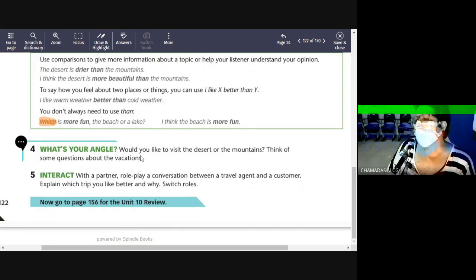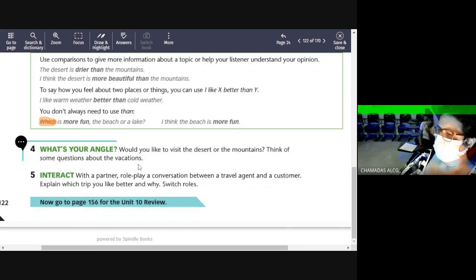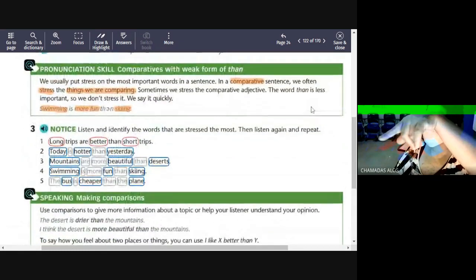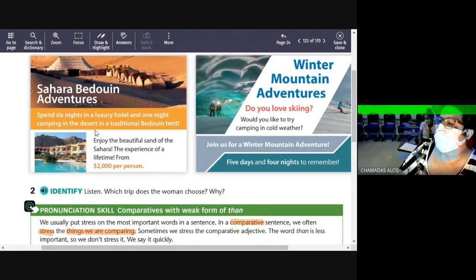Now, would you like to visit the desert or the mountains? Think of some questions about the vacations. So, yeah, what do you think, guys? After we've seen the two options here, which places would you like to go? The desert or the mountains? Yeah, me too. I would like to go to the desert too.